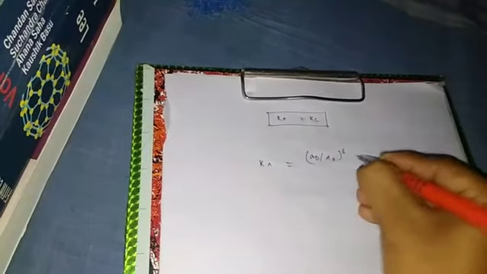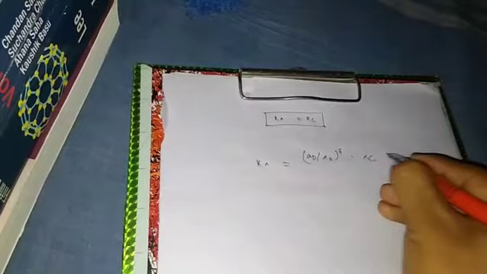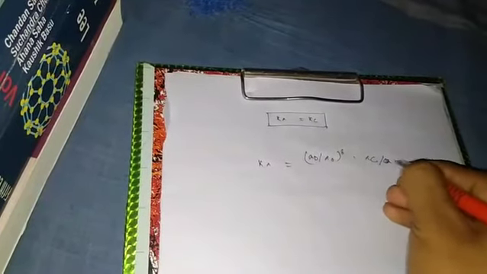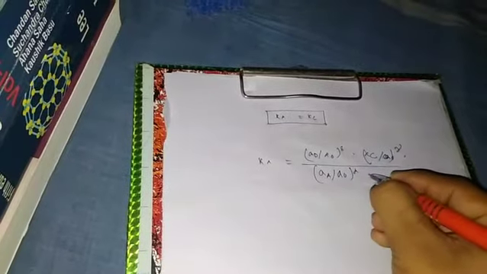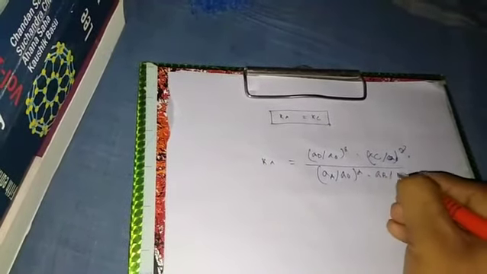So we know that Ka equals (ad divided by a0) whole to the power delta, (ac by a0) whole to the power gamma divided by (aa by a0) whole to the power alpha, (ab by a0) whole to the power beta.